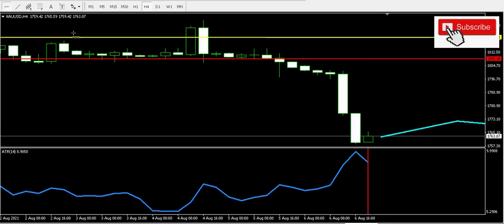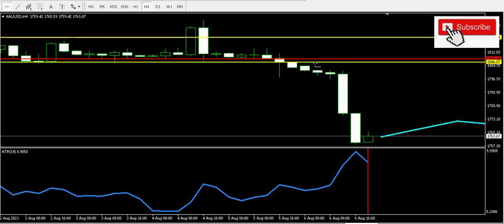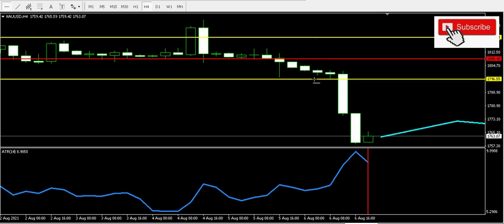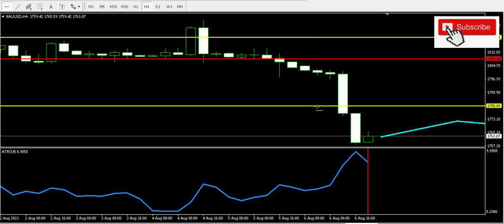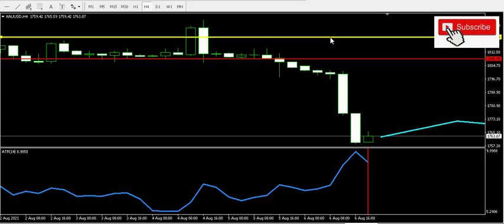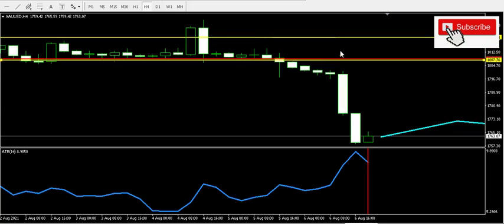Now you can multiply the depth times 3 or times 2. If you are using a risk reward ratio of 1 to 3, multiply it by 3. That should give you somewhere around there for you to take your profit, 3 times the depth of the number of pips.